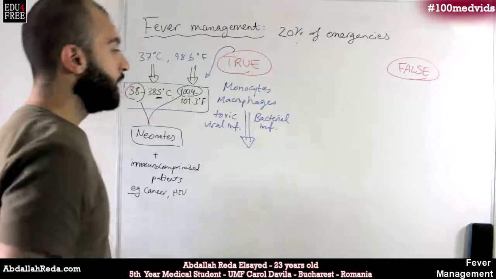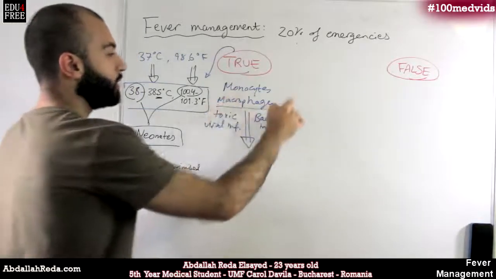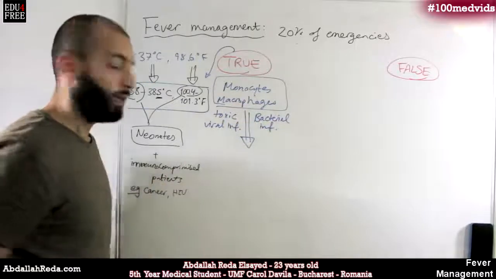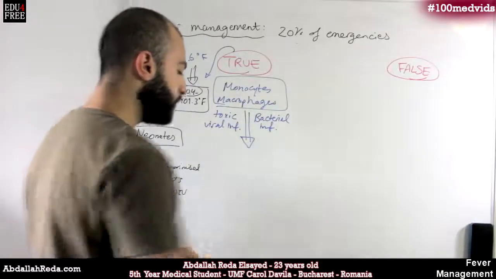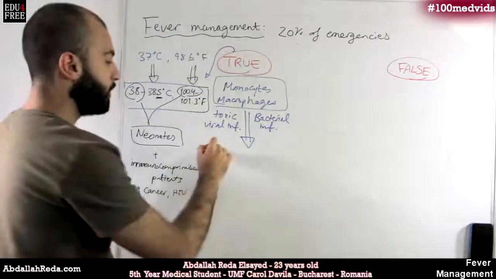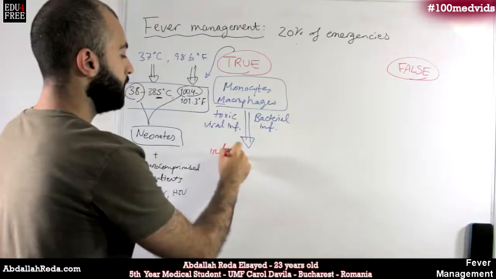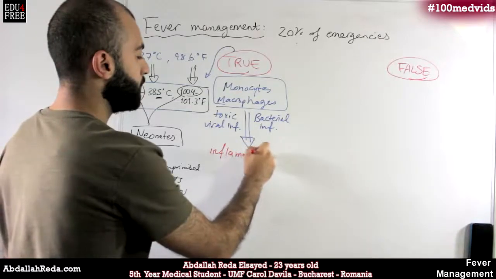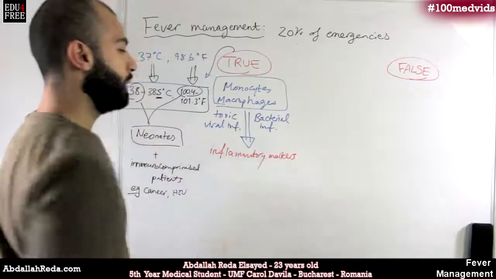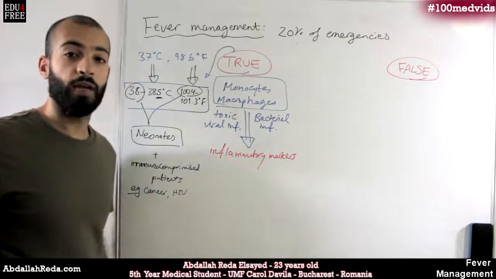And those cells, reacting to these events, would produce things that we call inflammatory markers. So we have those markers that, if found in blood, will indicate that we have an inflammation.